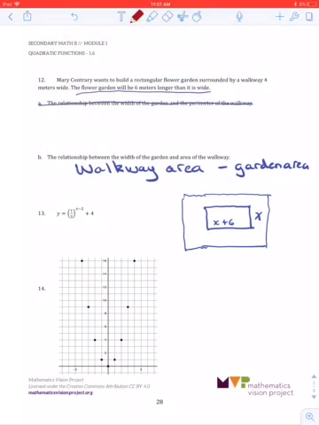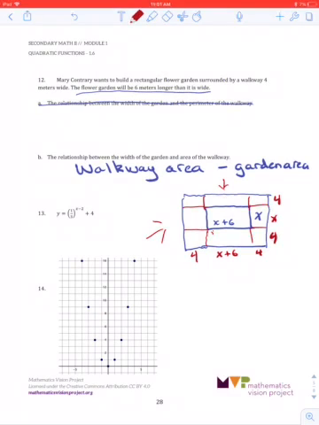With the 4-foot walkway, I know that this is 4, this is 4, 4, 4, 4, 4, 4, and 4. So this is still x plus 6, and this is 4, and that's 4. And then this is 4, this is x, and this is 4. And then the same thing for over here and up here, okay?